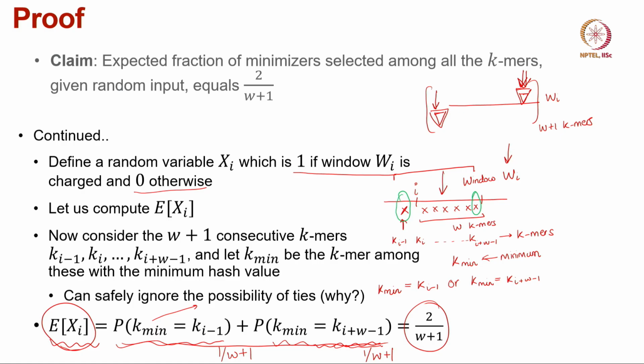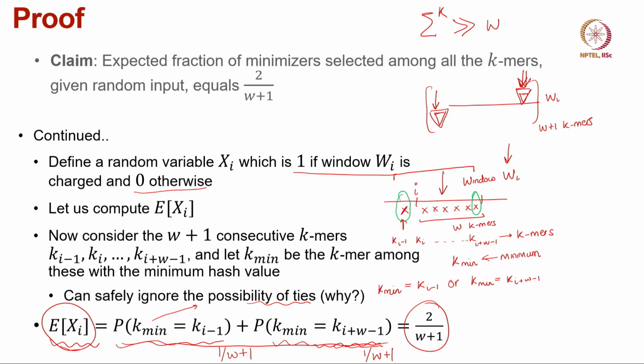Now, in this proof we ignored the possibility of ties, that is, we assume that all these w plus 1 k-mers are unique, and that is a safe assumption because we are considering a random input sequence. If you look at the space of all possible k-mers, that is sigma raised to the power k, that is significantly higher than w.